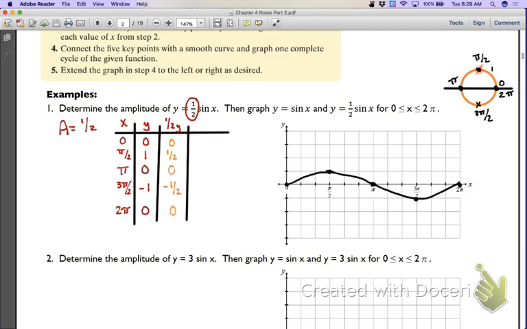We do the same thing, but now I'm still going to be at 0, 0. I'm still going to be at pi and 0. I'm still going to be at 2 pi and 0. The only ones that are really going to be affected are everything else. So like at pi over 2, at 3 pi over 2, it's just going to be a little bit shorter.